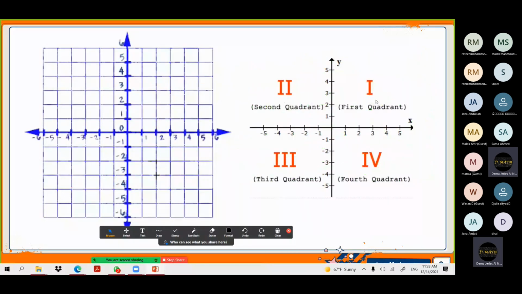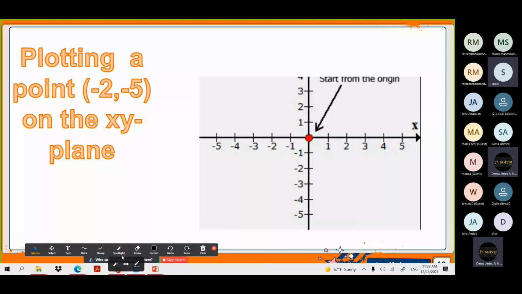So here, these are the names of the quadrants. First quadrant, second, third, and fourth. Now, let's see here how you plot a point (-2, -5) on the XY plane. As we said before, let's memorize it. First of all, you have to start from the origin.